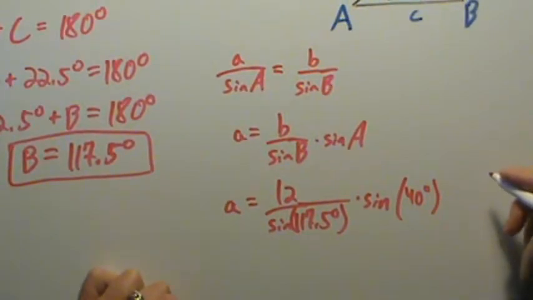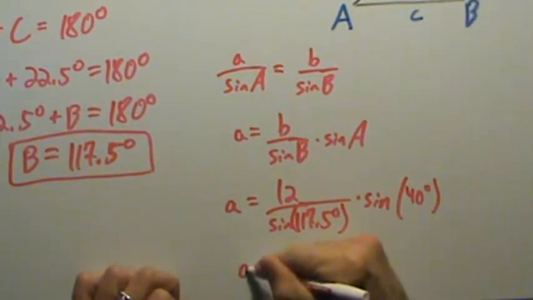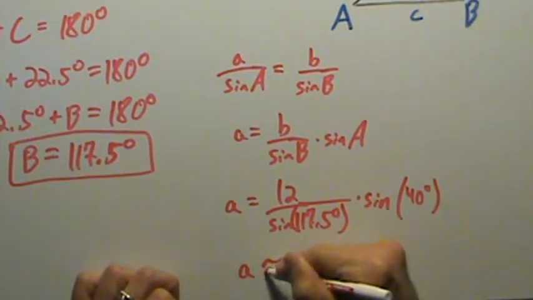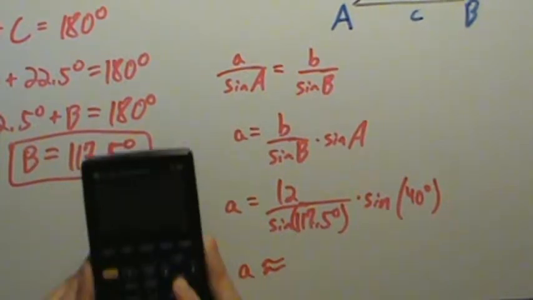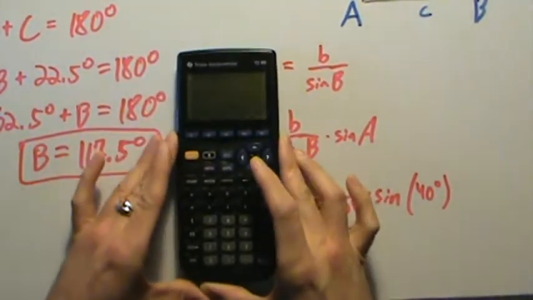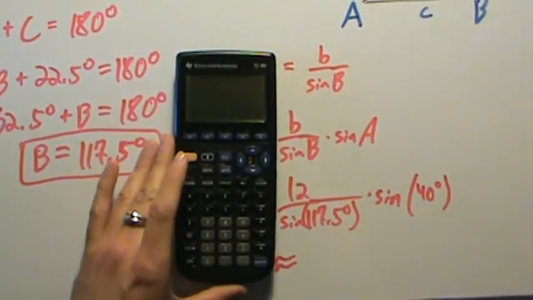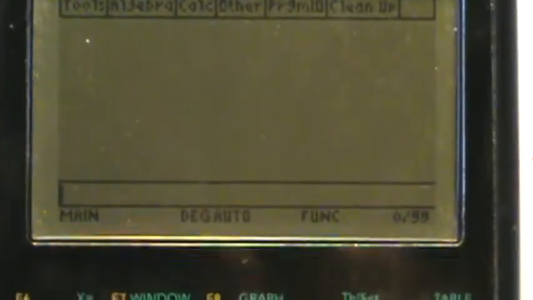When we toss that into a calculator, what do we get? It's going to have to be an approximation here. So we'll turn on our calculator and make sure that we're in degree mode, and we are. That's great. It's DEG for degree.